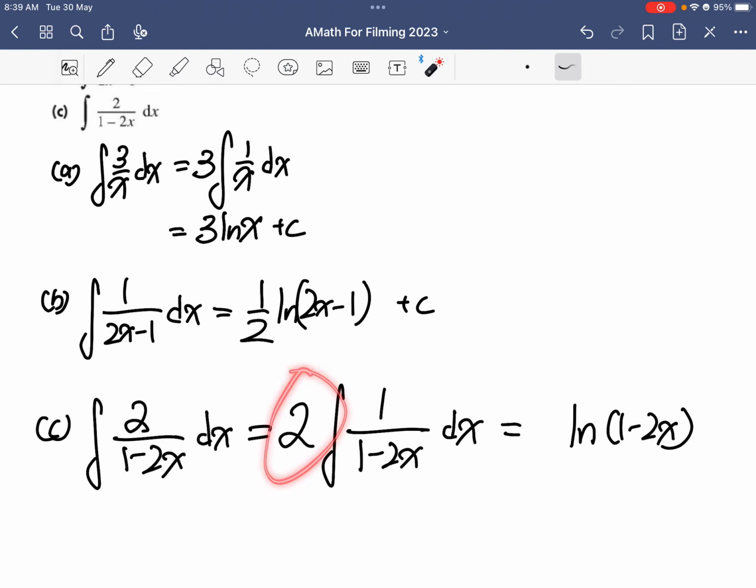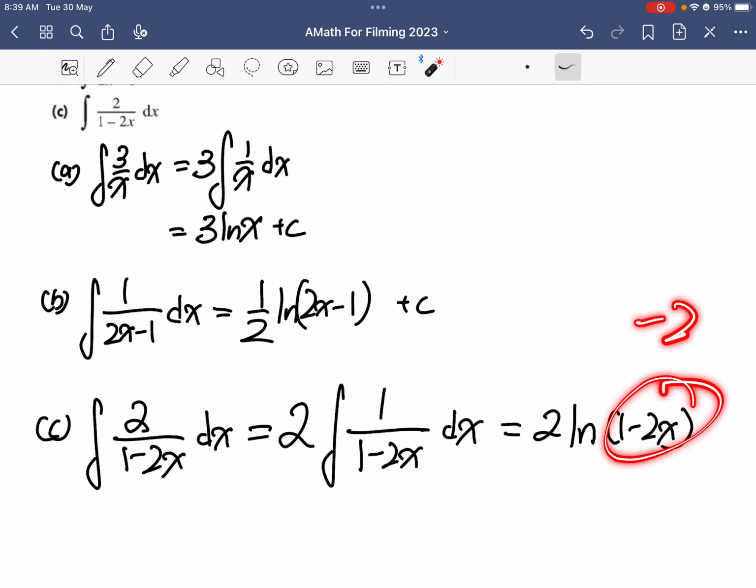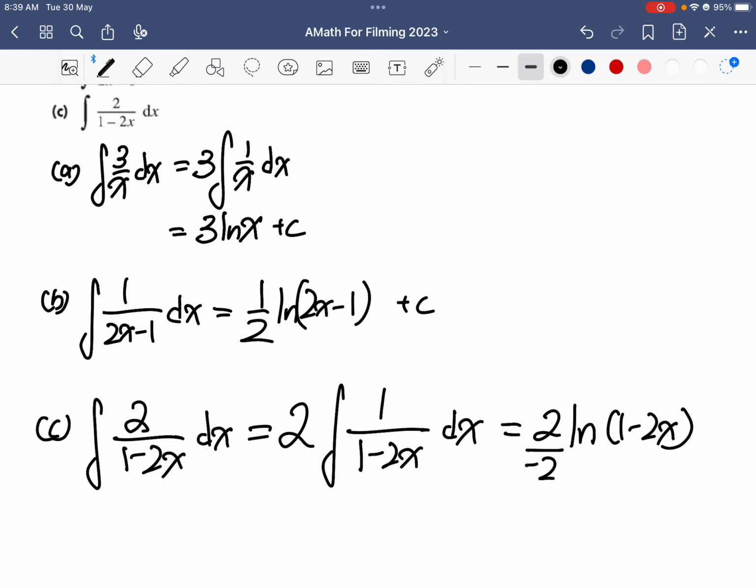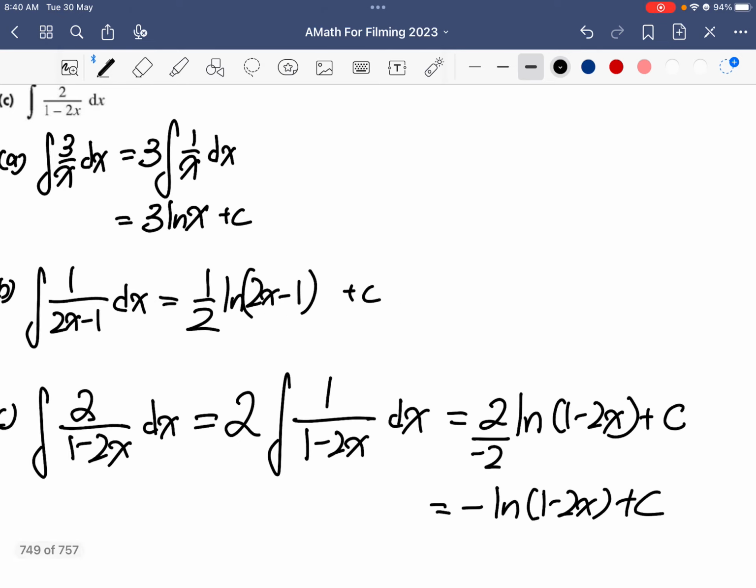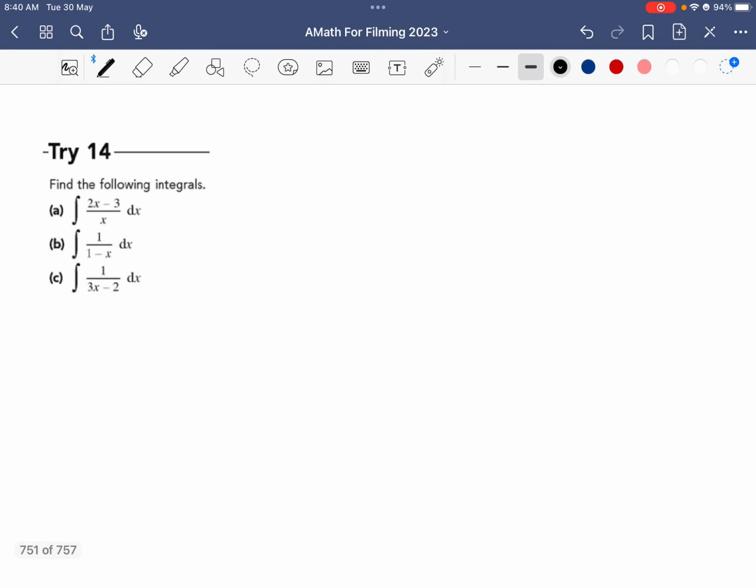So it's ln of 1 minus 2x. This 2, I will just copy it out and put it in the front here. Now don't forget that you still need to differentiate 1 minus 2x to get negative 2. What do you do with negative 2? You will divide by negative 2 here. Hence, we put here negative 2. So not forgetting my integration constant, I get the negative ln of 1 minus 2x plus c.